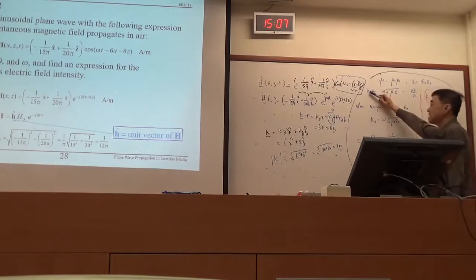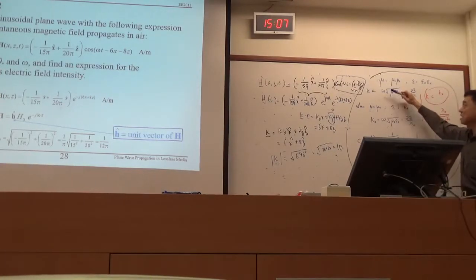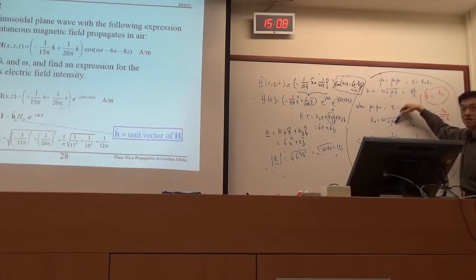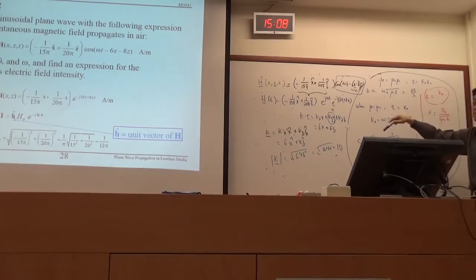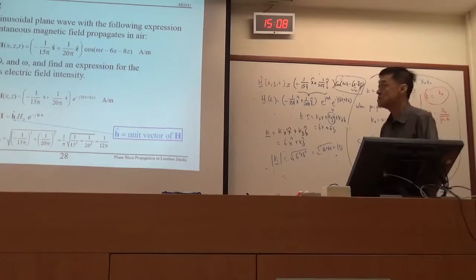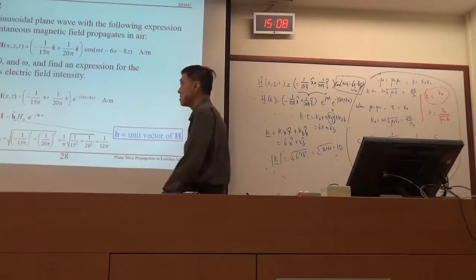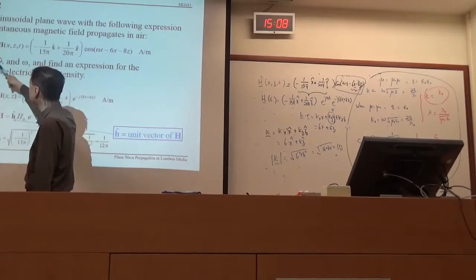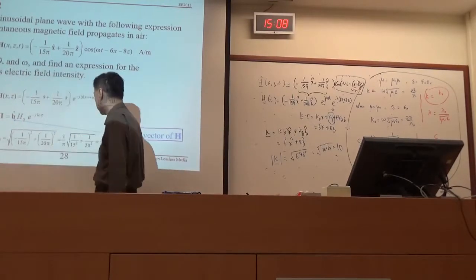So I have k equal to omega times the square root of mu naught epsilon naught, which is equal to 10. So I can find omega. These three are all done already.